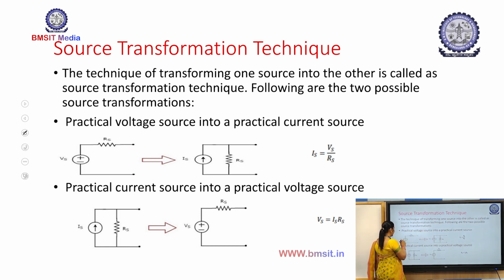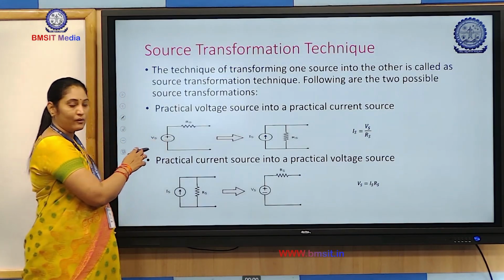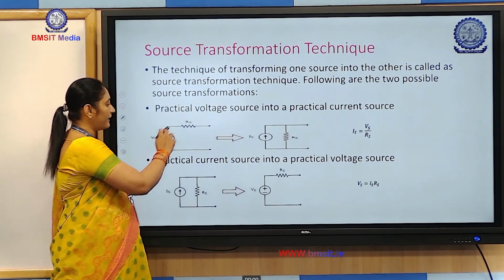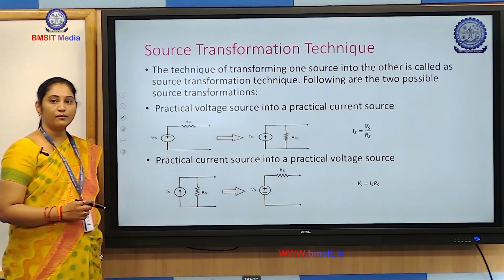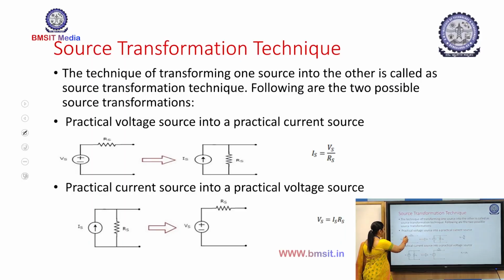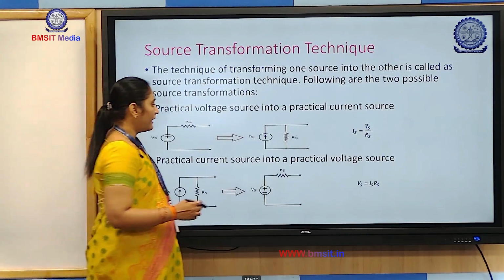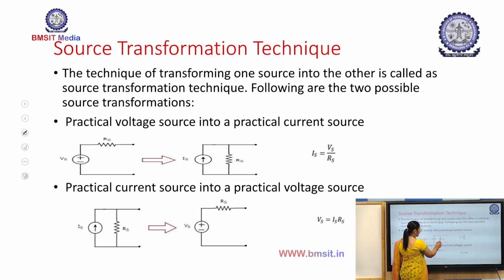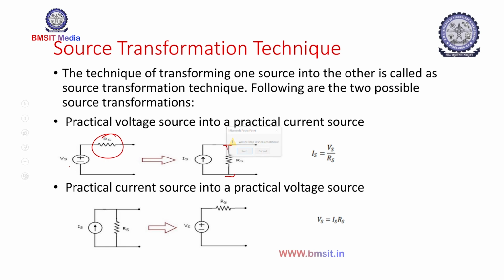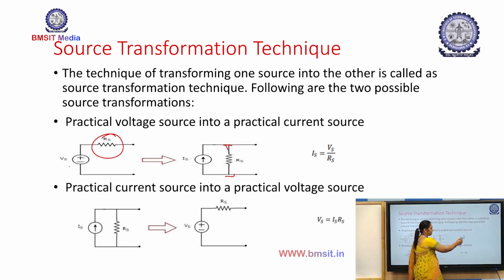We'll see one example here. Here there is a practical voltage source. The current in this voltage source will be given by I equal to Vs by Rs. From that we find the current, and while transforming, the resistance which is present in series with the voltage source, we will connect in parallel with the current source, and the calculated current, that is Is equal to Vs by Rs.